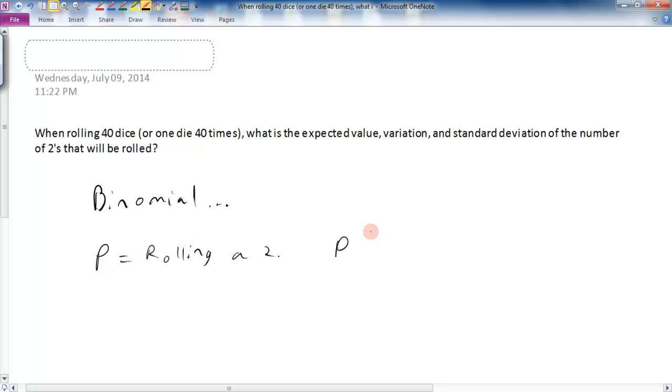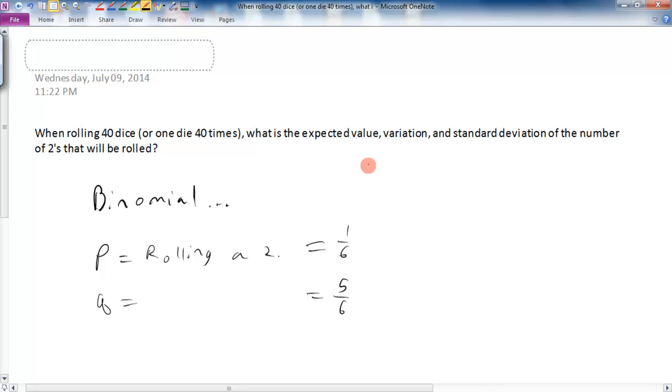Probability of success, well, it's just rolling a die, and one of the faces has a 2, so therefore it'd be 1/6. So therefore, the probability of failure would be 5/6.